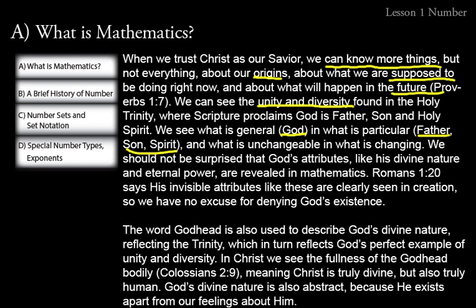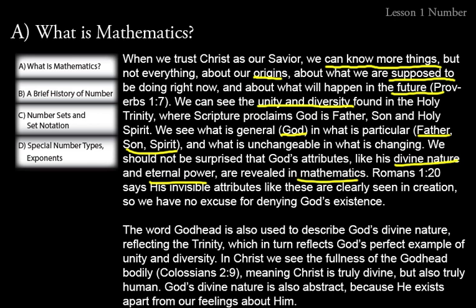So the Bible says that there's one God, and He is also 3 individual persons, Father, Son, and Spirit. How can one thing be 3 things? Well, that's what math is. We'll talk about that more here, but this attribute of God, this unity and diversity, and other attributes like his divine nature and eternal power, are revealed in mathematics.